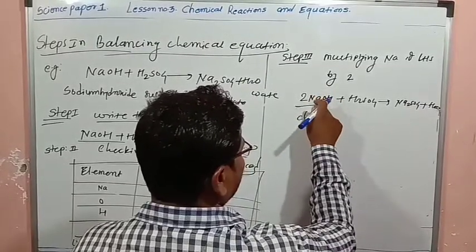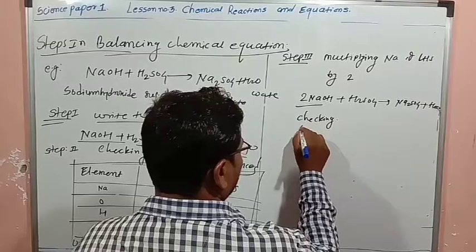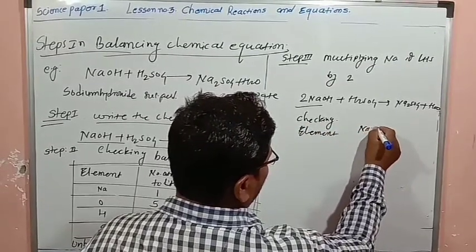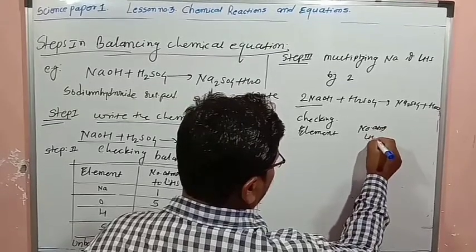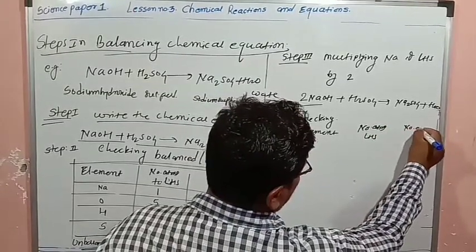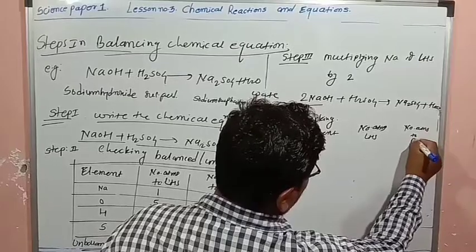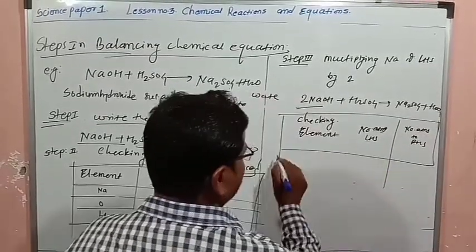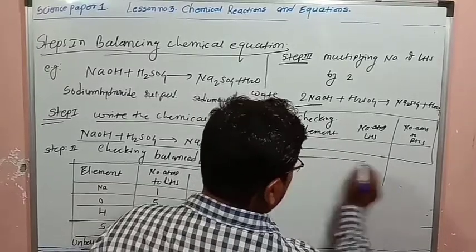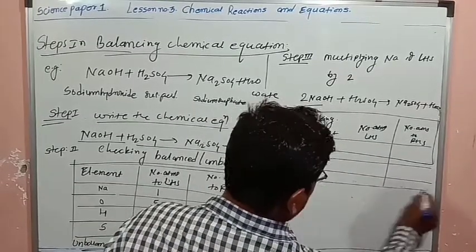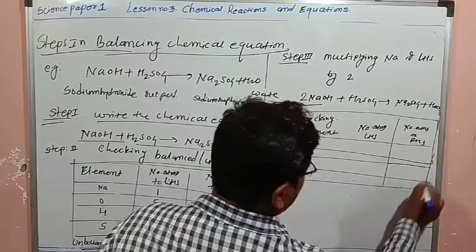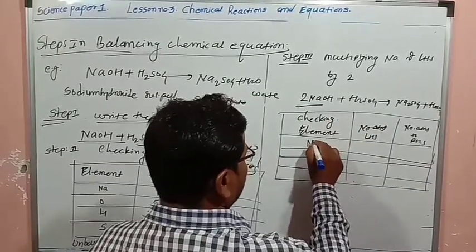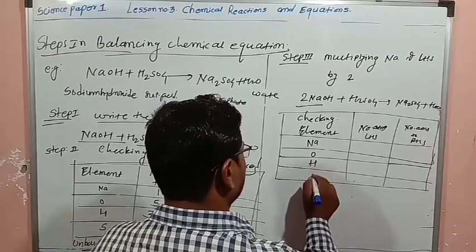Element, number of atoms on LHS, number of atoms on RHS. Sodium, oxygen, hydrogen, and sulfur.